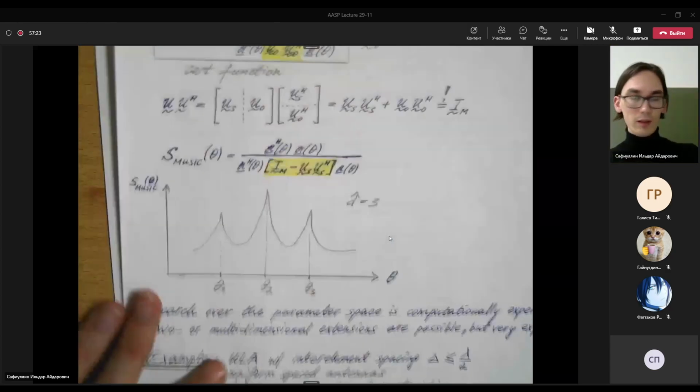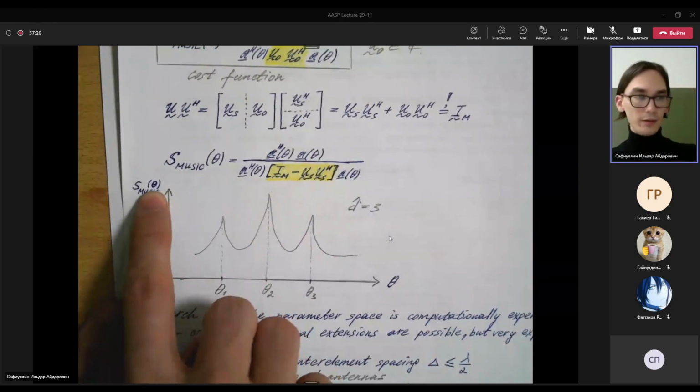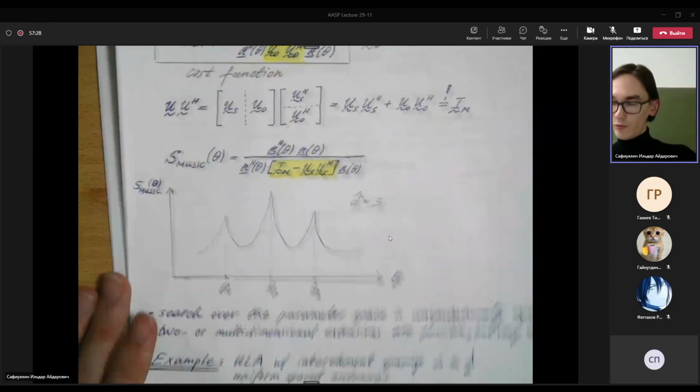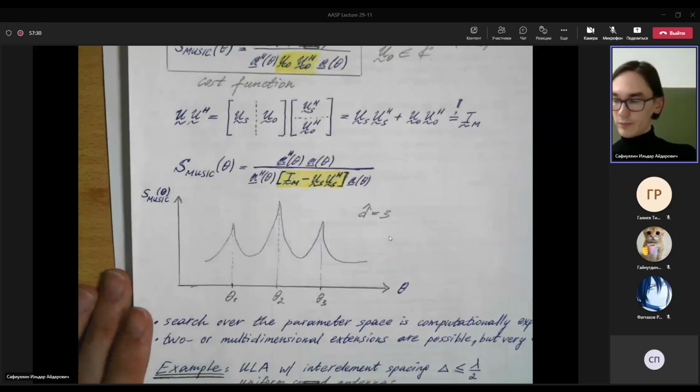And now let's show this function, but for values phi and theta, and we will assume that the number of sources is equal to 2.